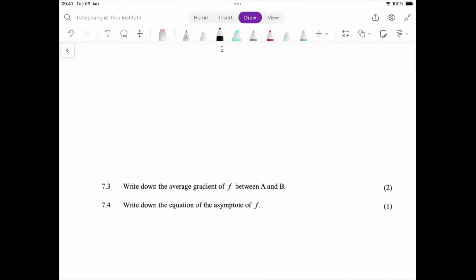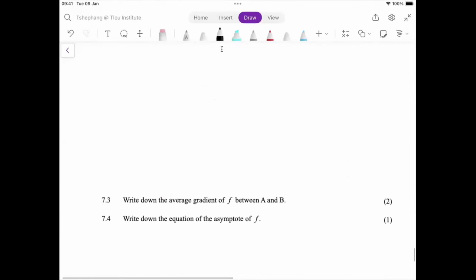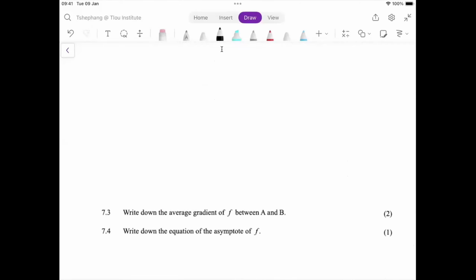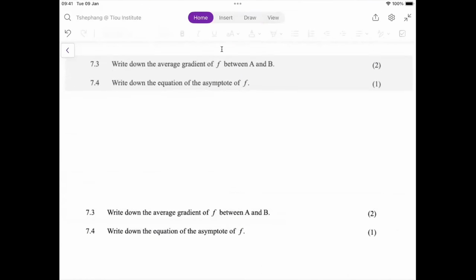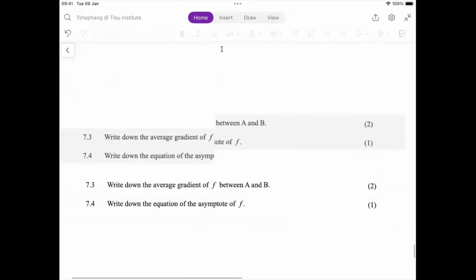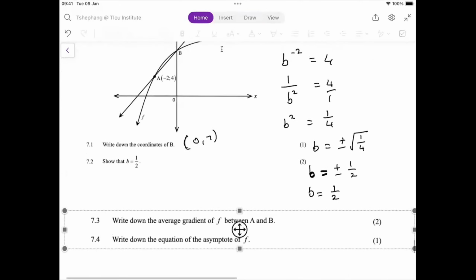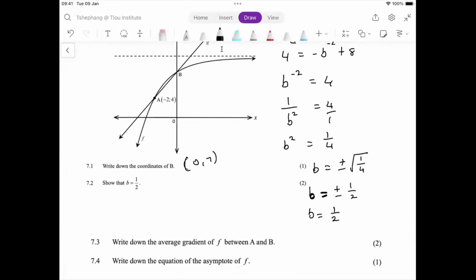Write down the average gradient between A and B. Now that is one of the easiest questions ever, because we have the coordinates of B, 0 and 7.